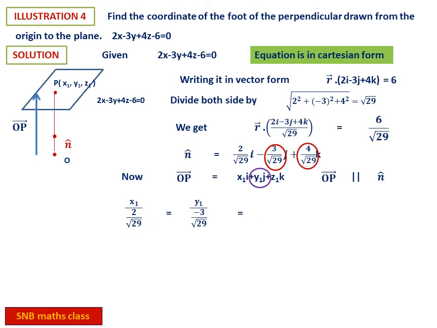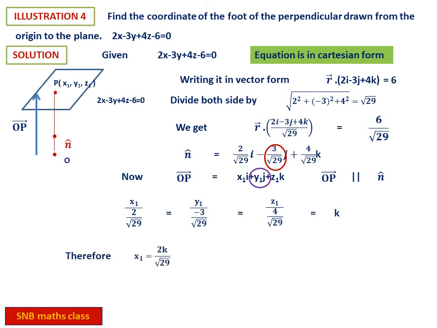Similarly, the direction cosine of n cap k is 4 by root 29, and the direction ratio of OP, the k component, is z1. Therefore, z1 by 4 by root 29, all these three must be proportional. So let us say k. Let me repeat again. Here OP is parallel to n cap. Therefore, the corresponding components of i, j, k are proportional. It is the condition for parallel vectors.